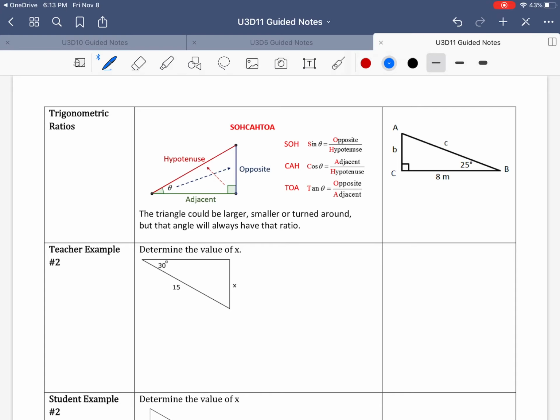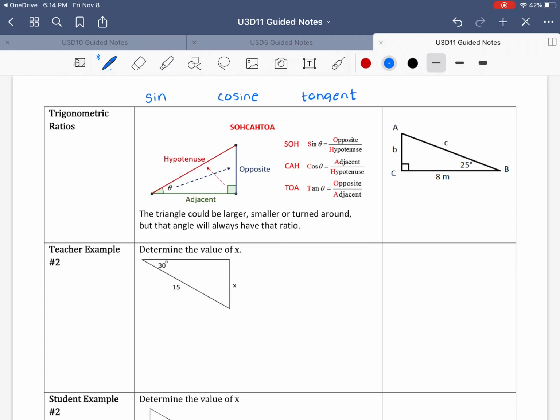Now, once we have those terms defined, there are 3 trigonometric ratios that we're going to be working with primarily: sine, cosine, and tangent. Now these are 3 ratios or fractions that we use with right triangles.